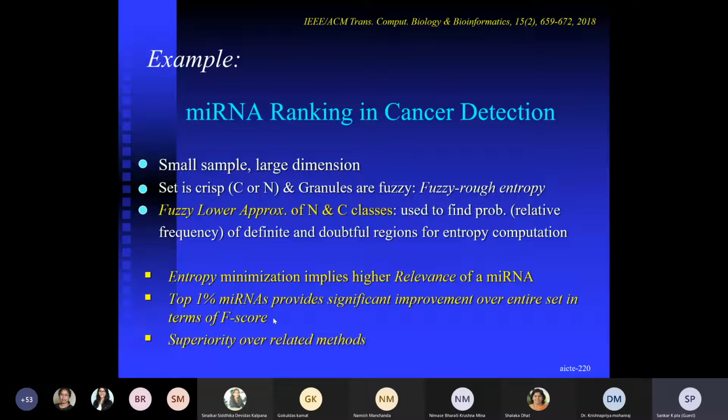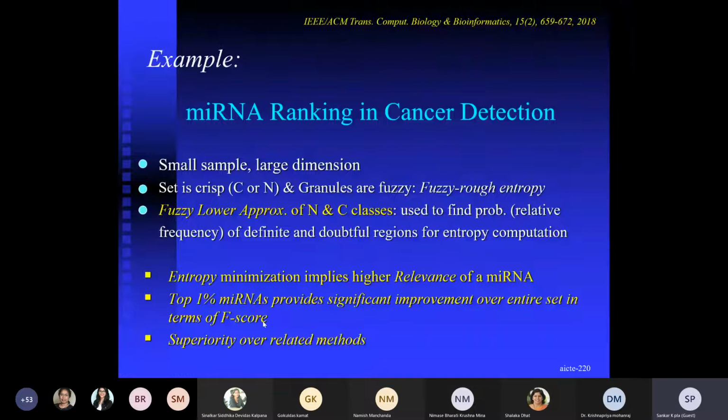Here, if a cancerous patient is treated as normal, that is a bad thing. It is even worse if a normal patient gets treated as cancer. That's why doctors, medical practitioners or biologists use F score. They do not go by classification accuracy as we do in machine learning.